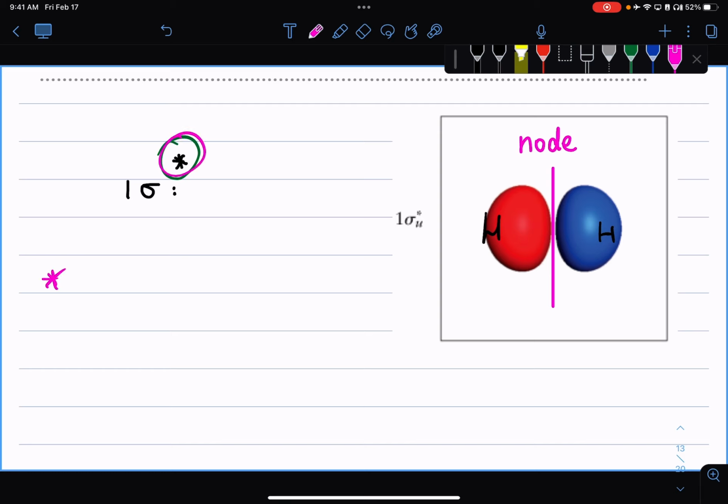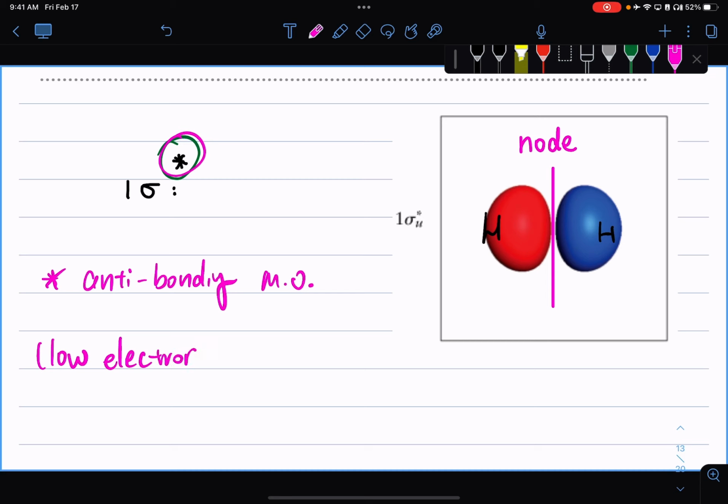So this star means it is an anti-bonding MO. What we're having is the low electron density region between the atoms.